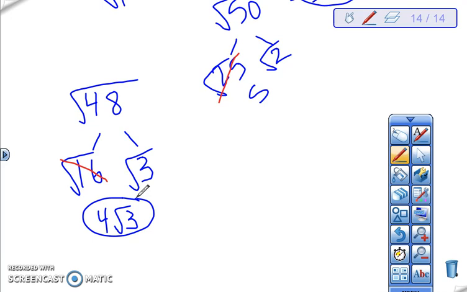So what if I had done that another way? What if I had instead said, oh, I can't remember if 16 divides in, but I know for sure that 48 is 12 times 4. And then I take some square roots.